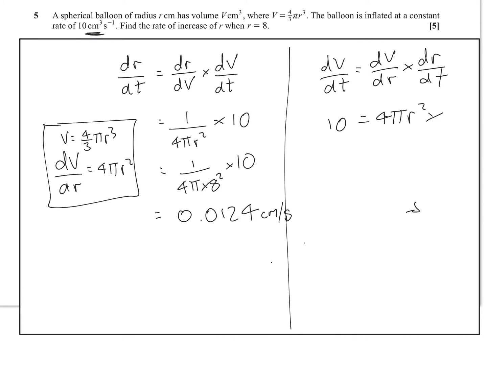And dr by dt is the thing I'm trying to find out. So then dr by dt is 10 over 4 pi r squared. So we've got exactly the same thing.